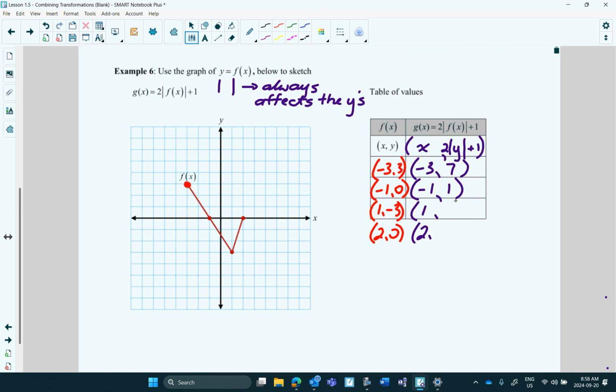Absolute value of negative 3 times 2 plus 1. Oh, sorry, absolute value of 0 times 2 plus 1. There we go.